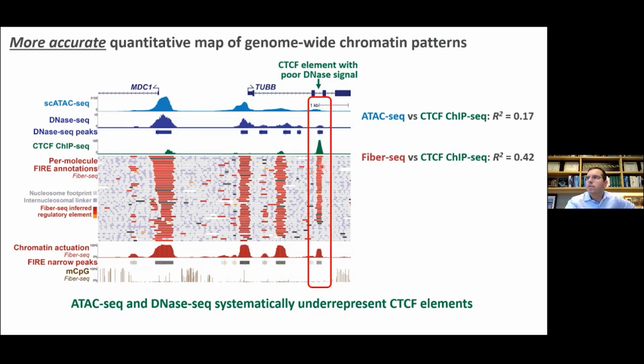And then also these probably short fragments being preferentially lost during library construction or short read-based sequencing. And consistent with this, what we find is our Fiber-seq data is much more correlative with CTCF ChIP-seq signal than ATAC data is really emphasizing. We're getting a much more accurate representation of the chromatin epigenome with this single molecule-based approach.